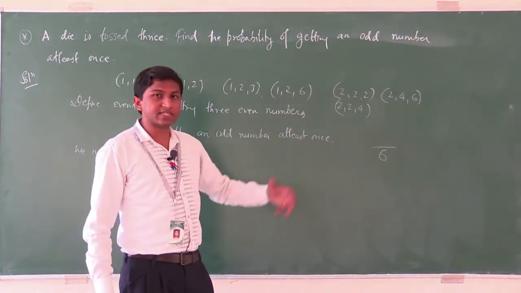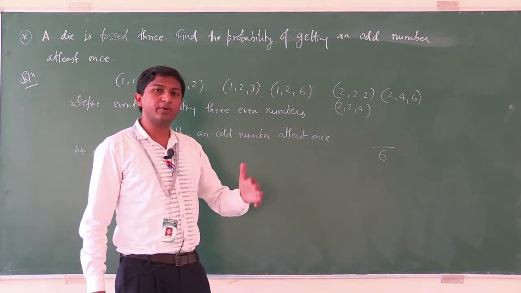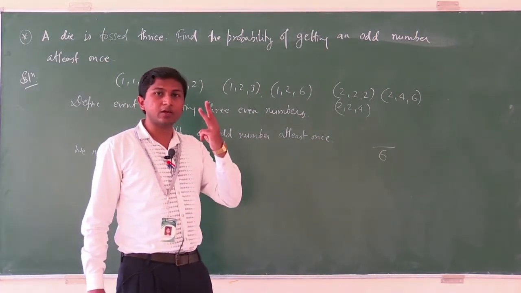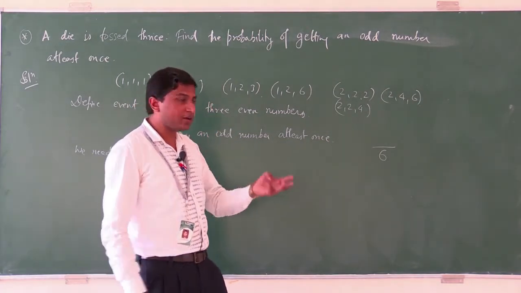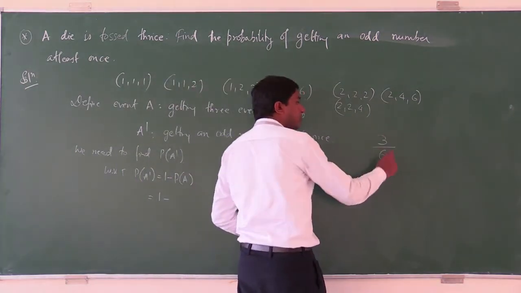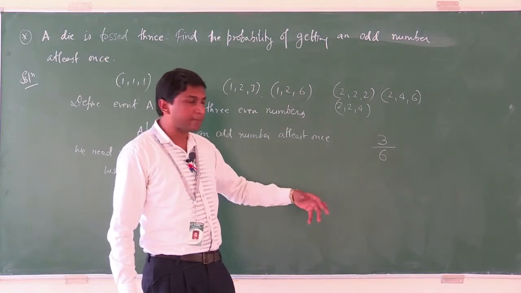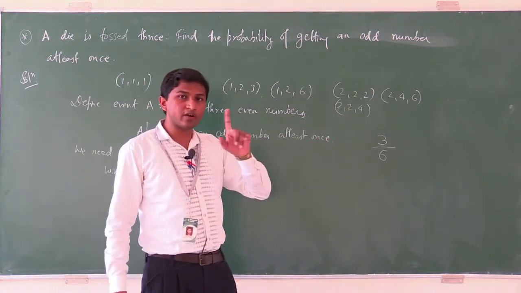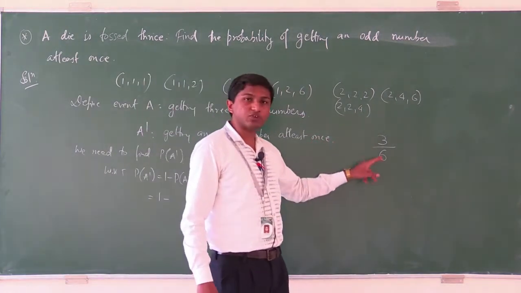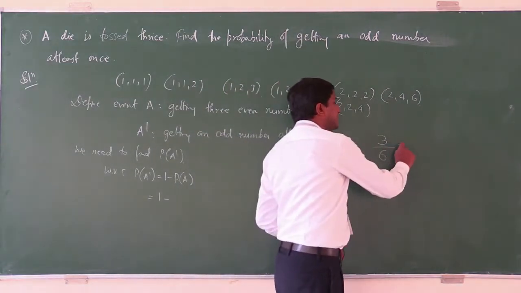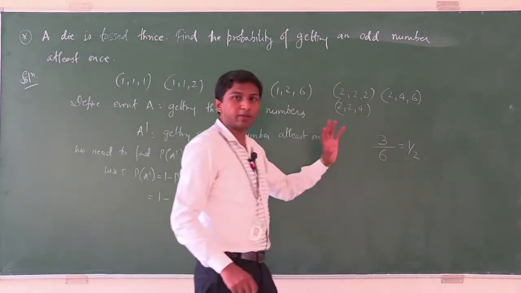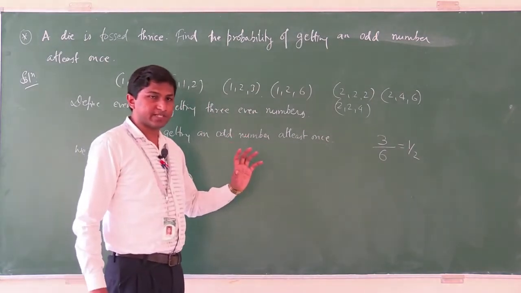Out of the 6 numbers, how many are even numbers? 3 numbers are even, so I put that in the numerator. So the probability of getting an even number in one toss of a die is 3 by 6. When I simplify this, I can write that as 1 by 2.